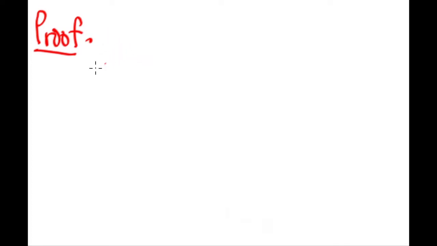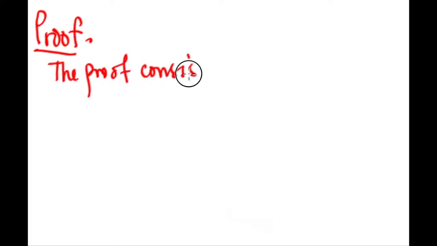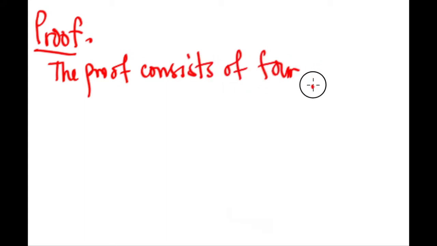The proof consists of four parts. We will state these one by one. First, since we can see in the theorem that there is the if and only if symbol, we know that we need to check the implication and the converse.